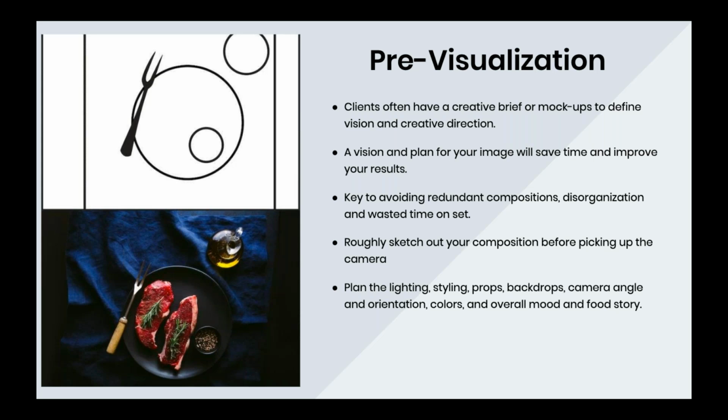So I chose darker and moodier lighting, and garnished the steak just to make it look better. I thought about the shape and the line that I wanted to have, color and overall mood. And then this was the result, just coming from a drawing.